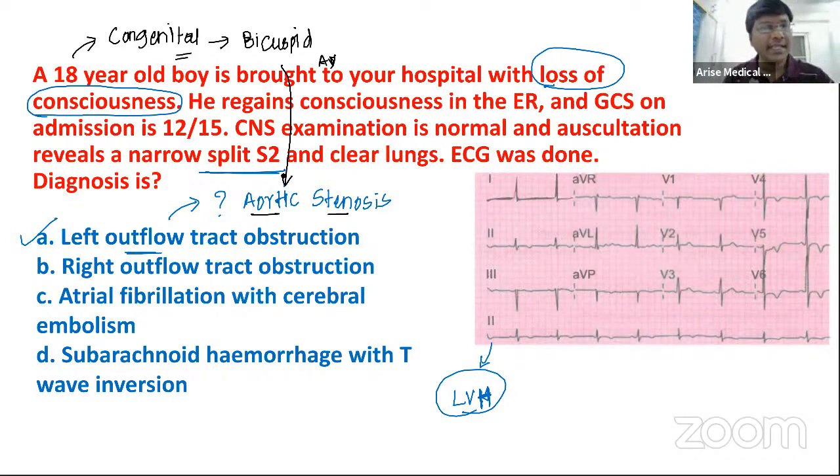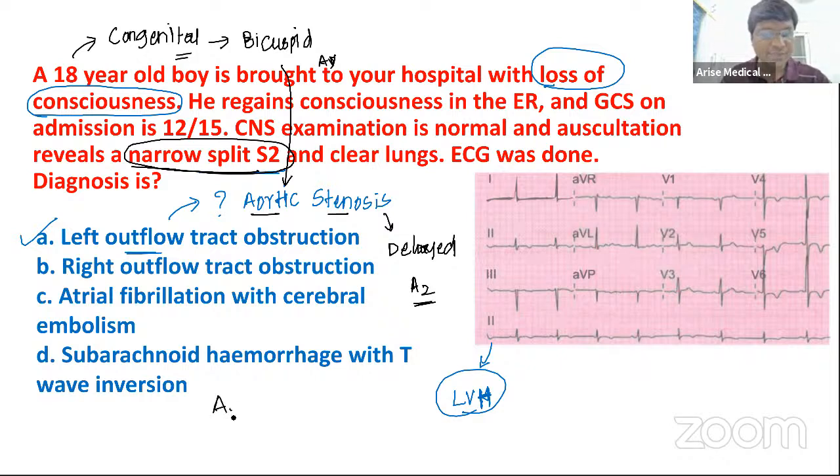Now, in case of aortic stenosis, you will have this narrow split S2. Now the question is why? Because in aortic stenosis, there will be delayed A2. Now because there is delayed A2, so you have A2 and P2.